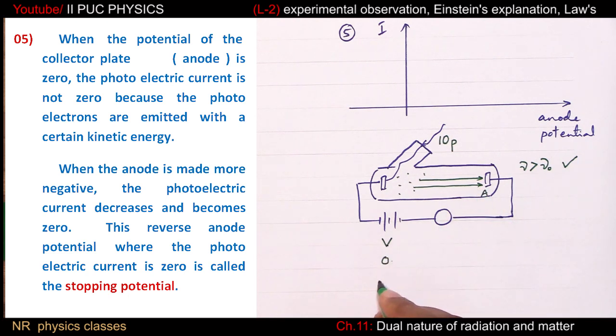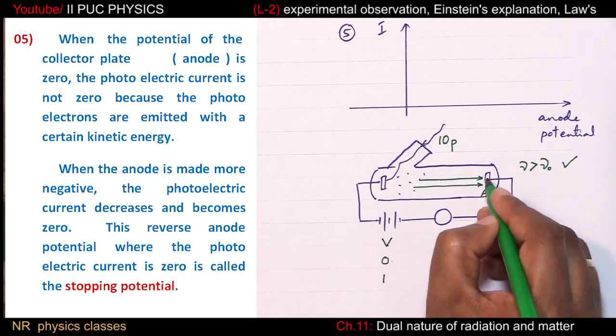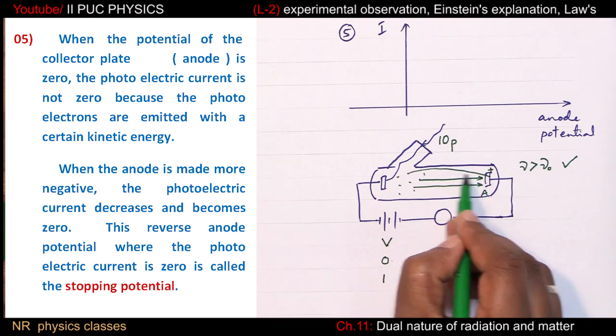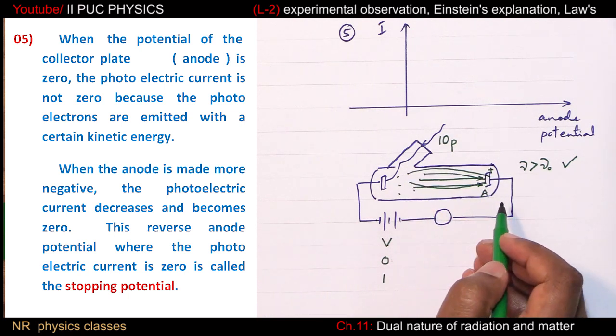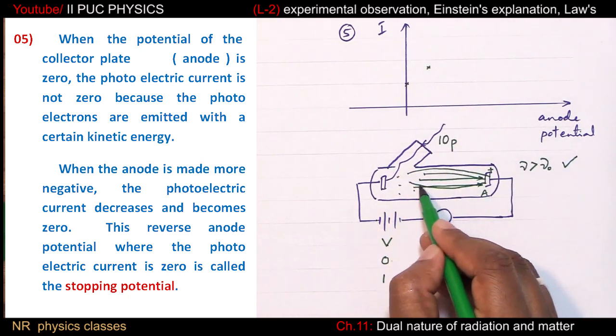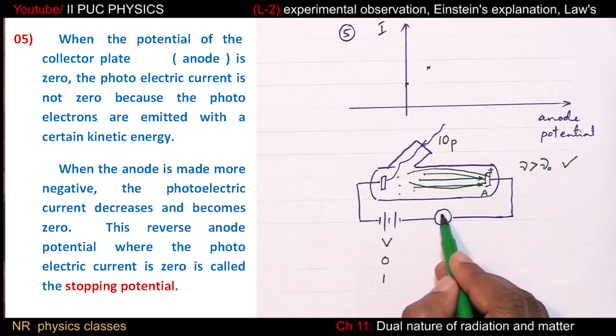If this voltage increases, if this potential difference increases, then this becomes more positive, then few more electrons can reach. Therefore, number of electrons reaching the anode increases, means current in the external circuit increases.